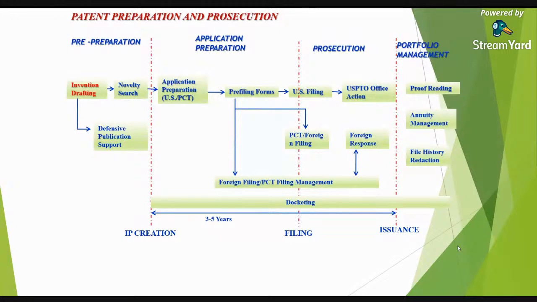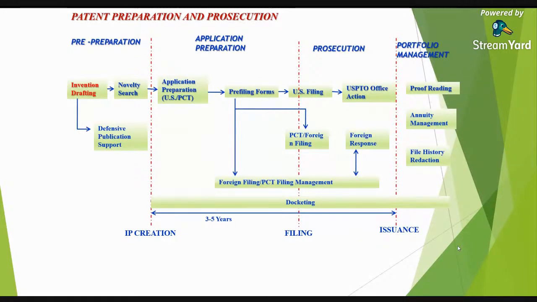So these are the different stages in patent life. A patent document sees pre-preparation. That is, you do a novelty and inventiveness search and draft an invention. Then prepare an application, be it a single national application or a PCT application.